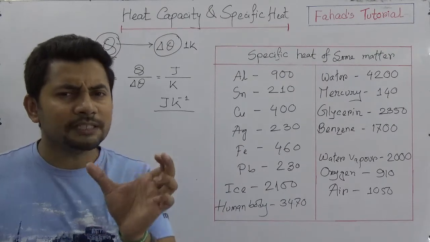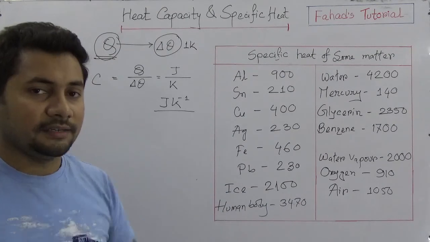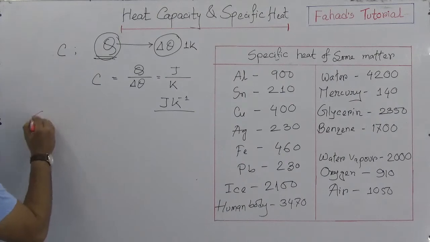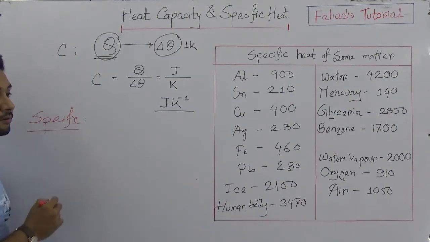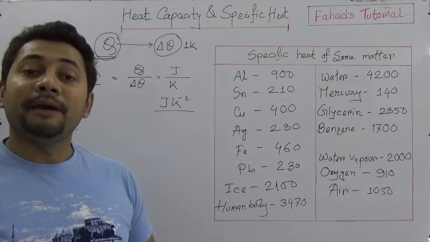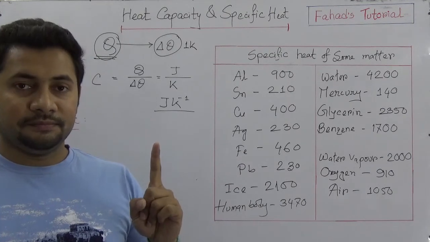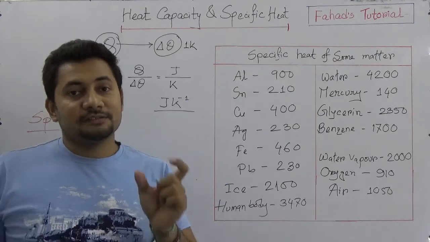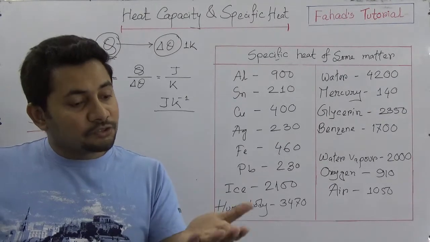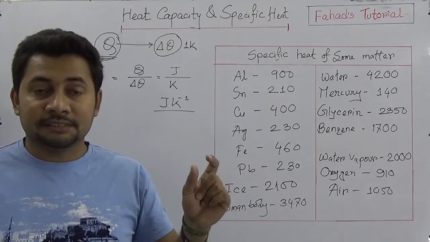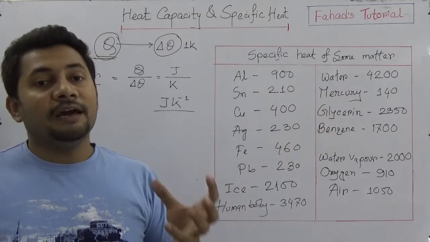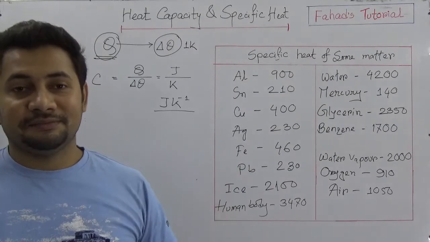But in the case of specific heat, we need to think differently. When it is specific, you must know that the mass is 1 kilogram. If any matter is 1 kilogram, the amount of heat required to increase the temperature of that 1 kilogram substance by 1 Kelvin is the specific heat.